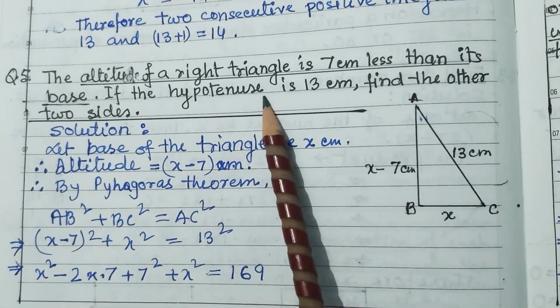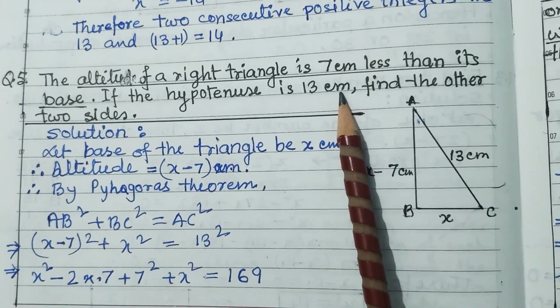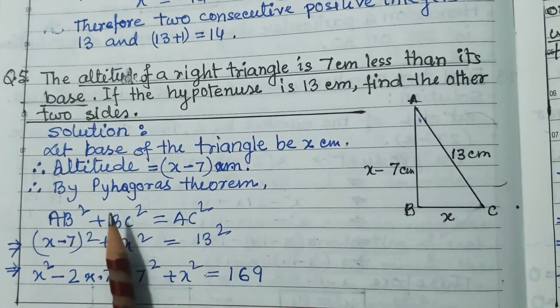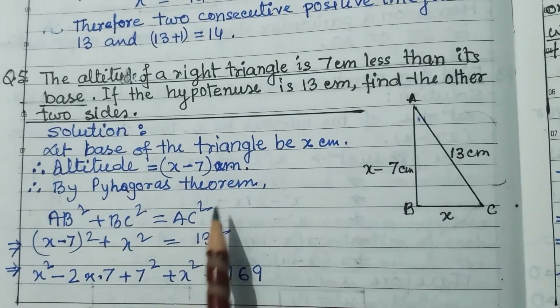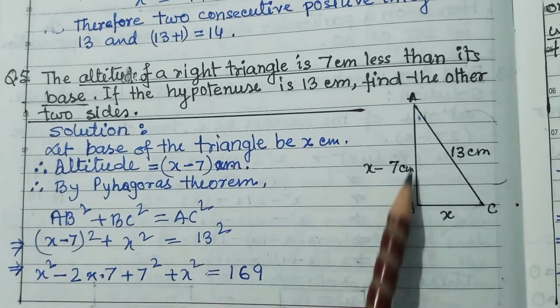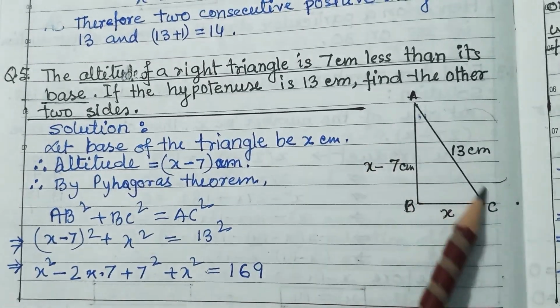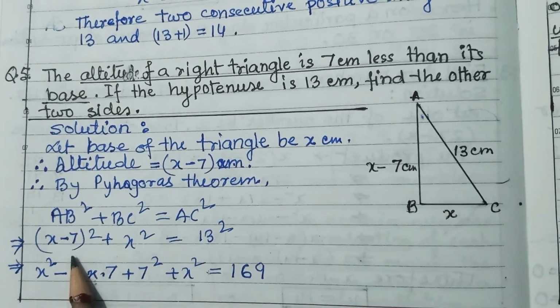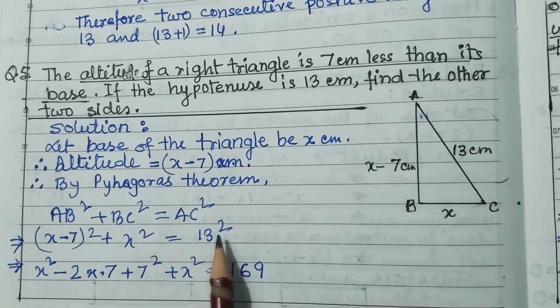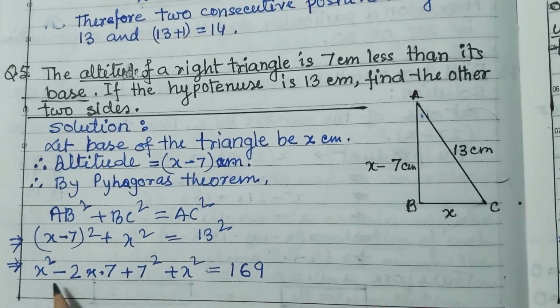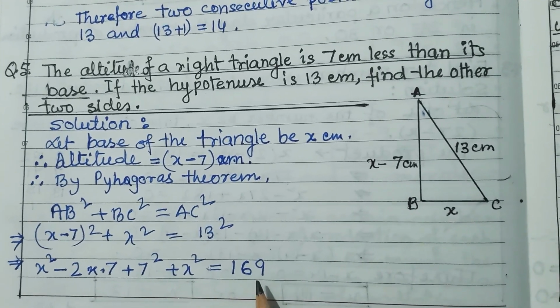Now the hypotenuse has been given as 13 cm. So by Pythagoras theorem, altitude square plus base square is equal to hypotenuse square. In this way we have to put the values, and it is 169.